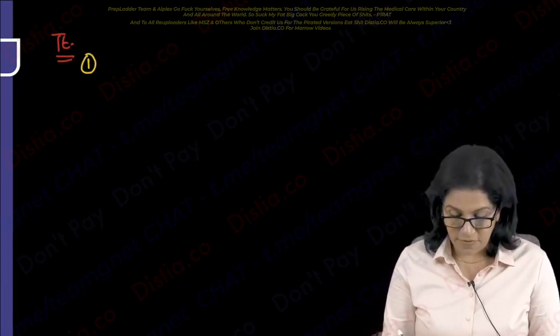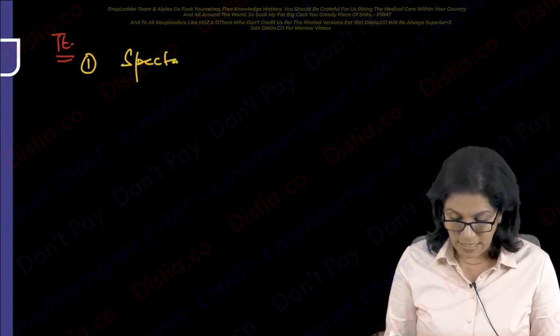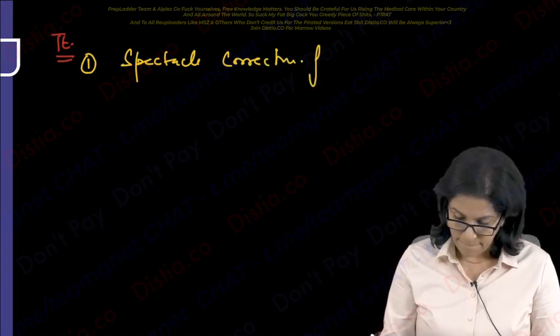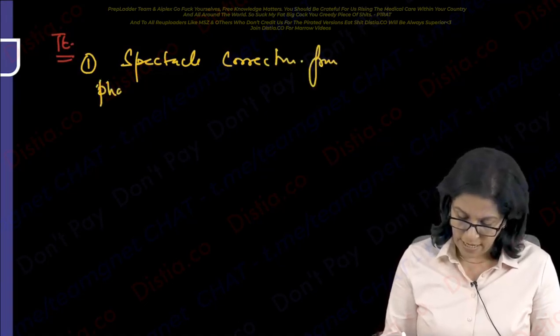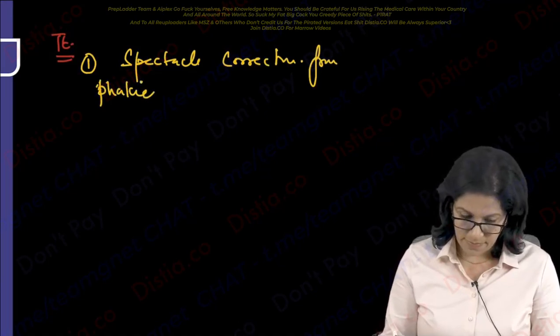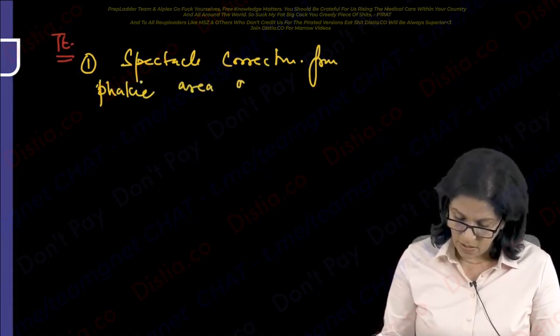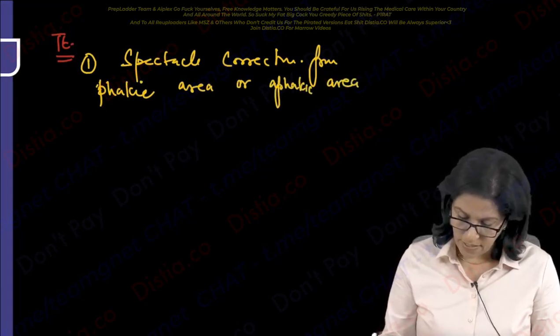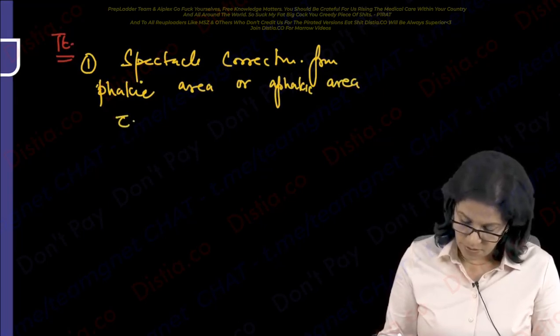So the first thing is spectacle correction from the phakic area or aphakic area, whichever is more.